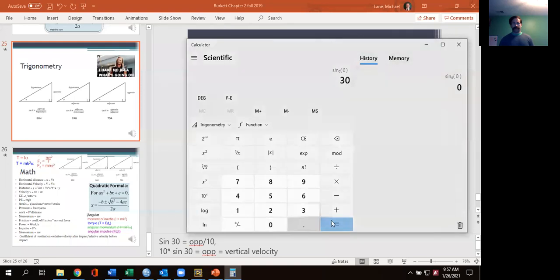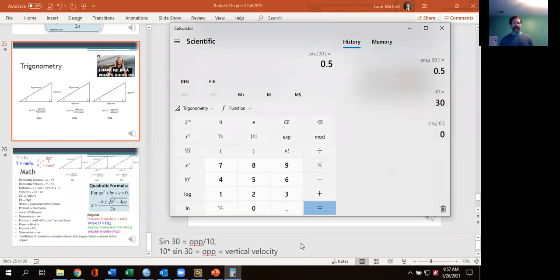Sine 30. Well, that did not work well. Let's try this one more time. Yay, the sine of 30 equals 0.5. So in this example, we're going to take 0.5 multiplied by 10. And yes, Kristen, great job. That gives us 5 meters per second.